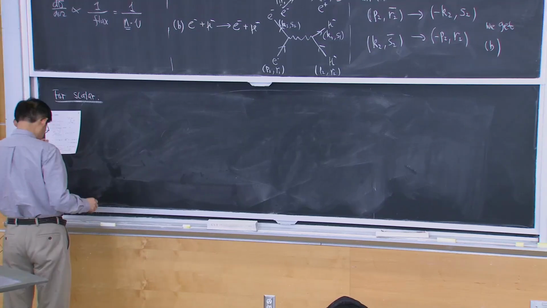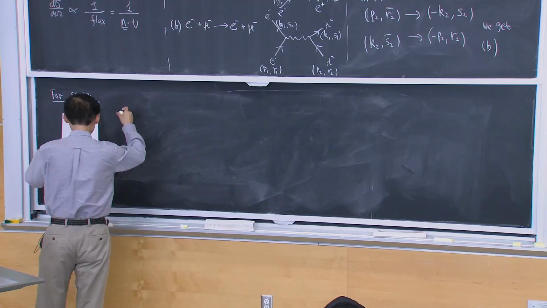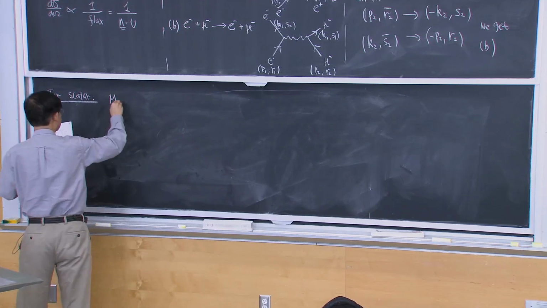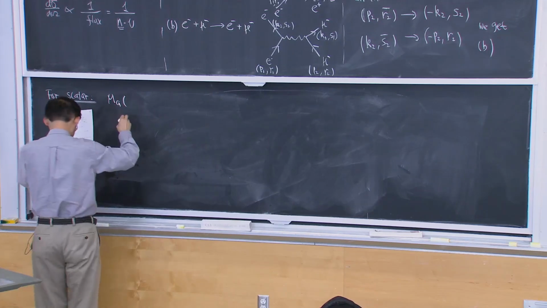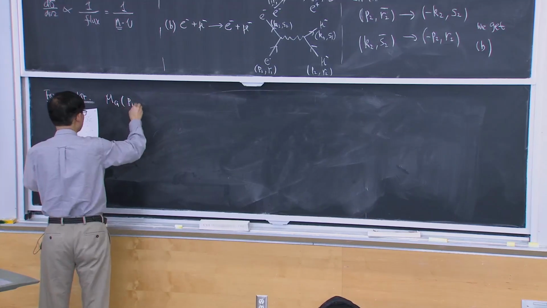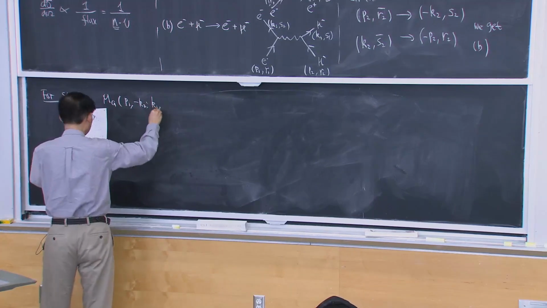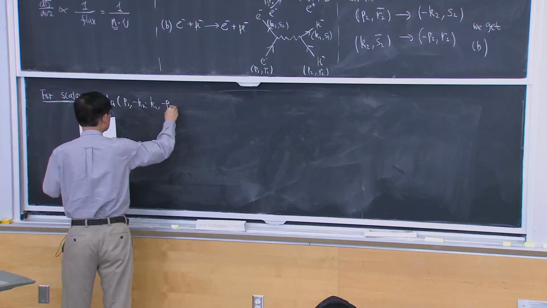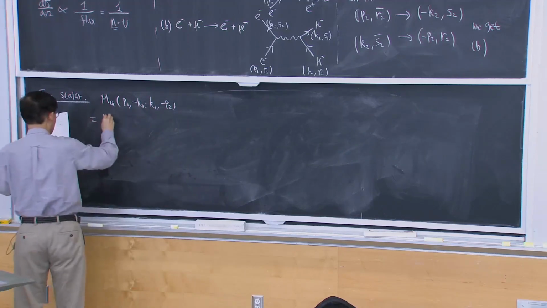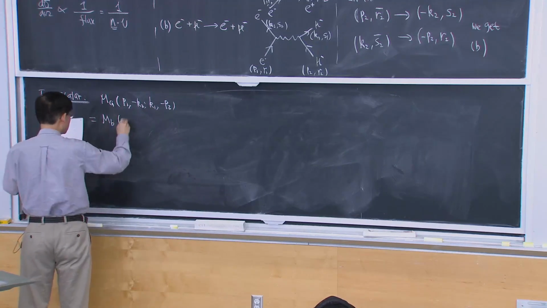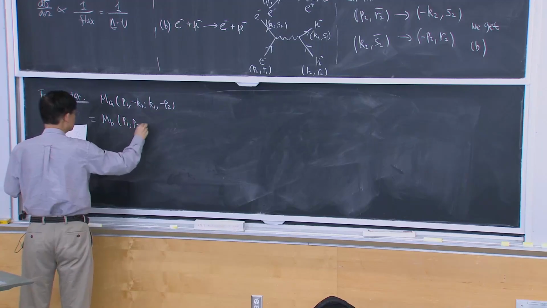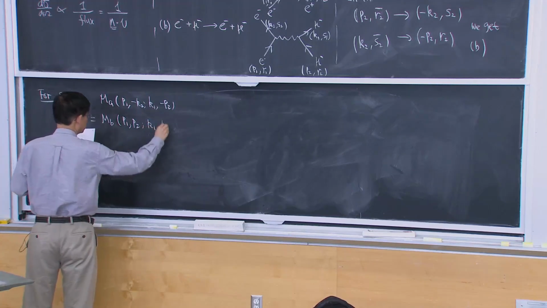You can trivially see that the amplitude for the process A with P1, minus K2 and K1, minus P2 will be just equal to the amplitude for the process B with P1, P2, K1, K2.